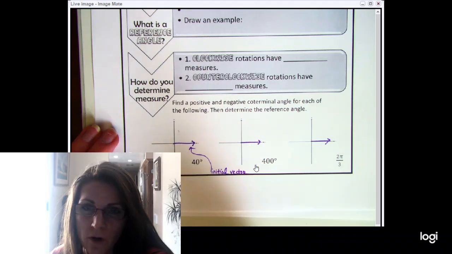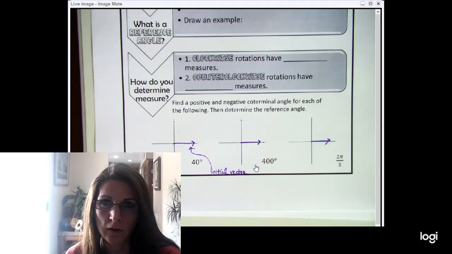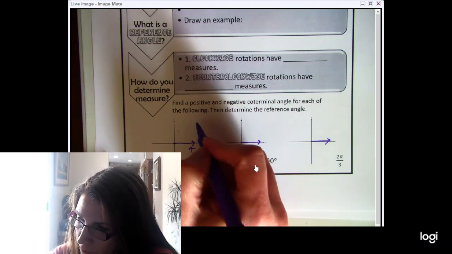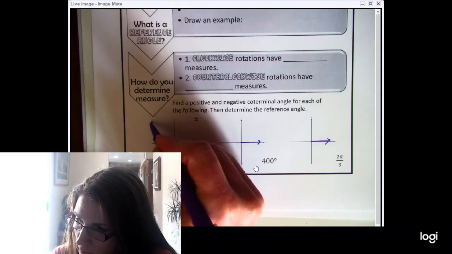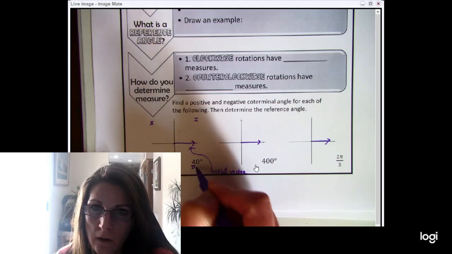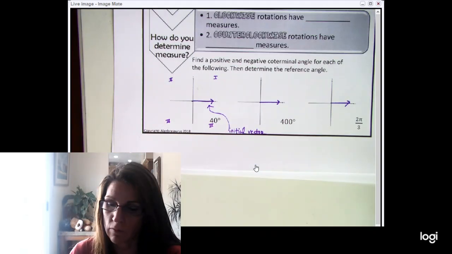Whenever we are drawing angles on our coordinate plane, they always begin right there. And then just like our quadrants go 1, 2, 3, 4, our angle measure goes in the same direction.